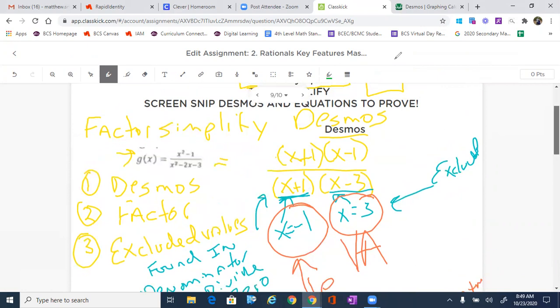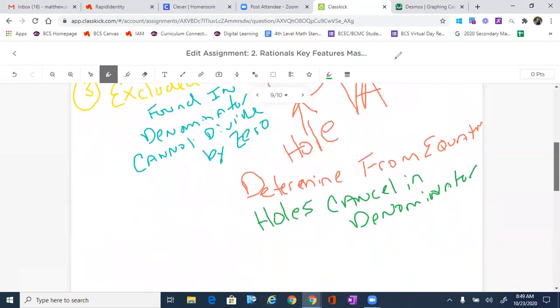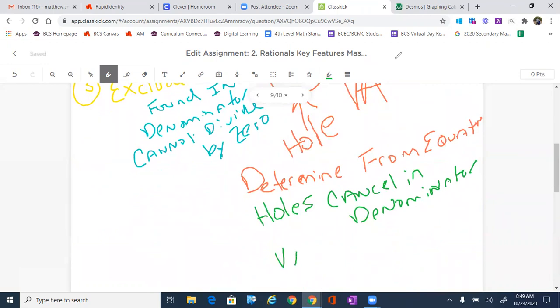Notice that we said the hole was negative 1. Well, that's because x plus 1 cancels with x plus 1. There are no more x plus 1s in the denominator. That gives us a hole. Vertical asymptotes stay in the denominator. Even if you cancel a bunch of them out, if there's still one in the denominator, it's going to create a vertical asymptote.